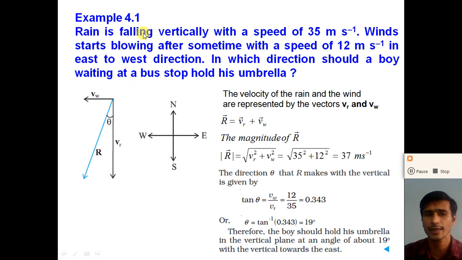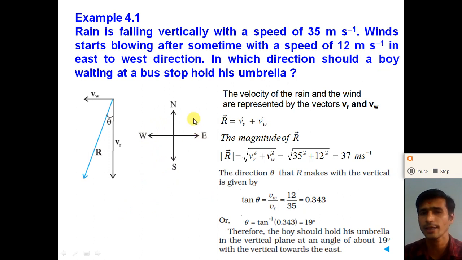So here the rain is falling in the vertically downward direction with a speed of 35 meters per second, and the wind starts blowing after some time with a speed of 12 meters per second. So we have directions: north, south, east, west, right?